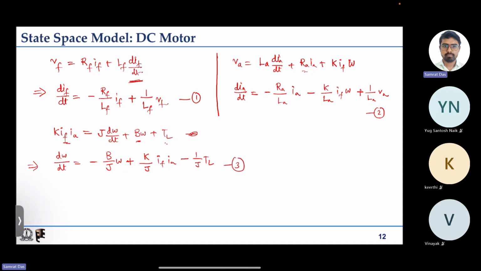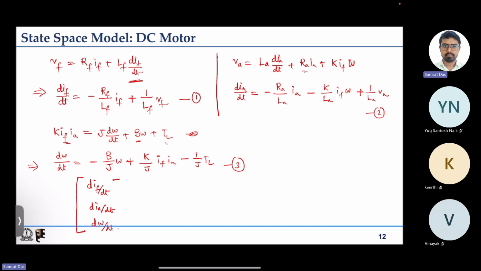This is correct. So these are the three equations written in appropriate form for us to represent in matrix form. So let us write the state variables. We will simply write it in the form: dIf/dt is the first one, the second one is dIa/dt, and the third one is d omega/dt.